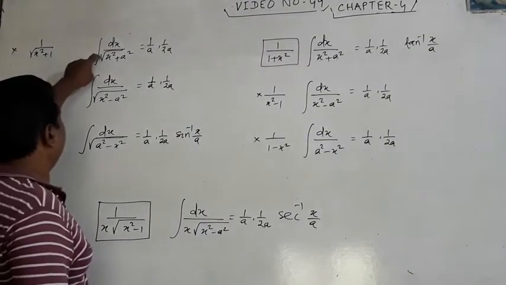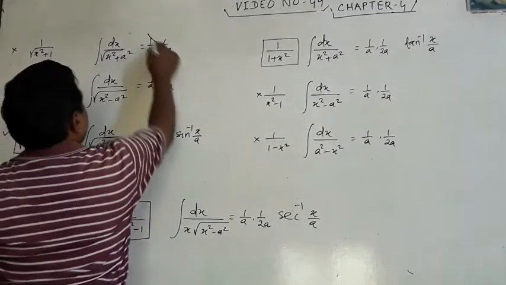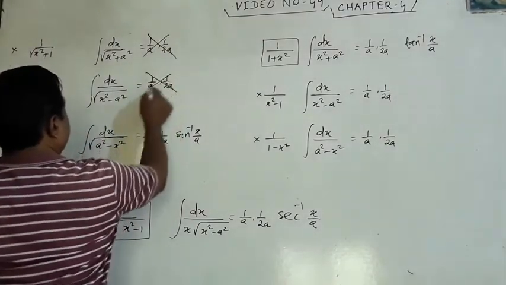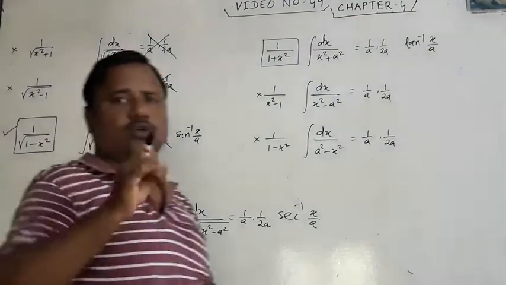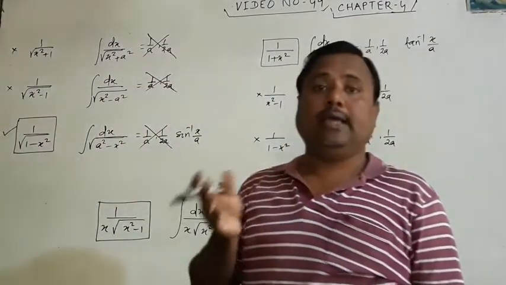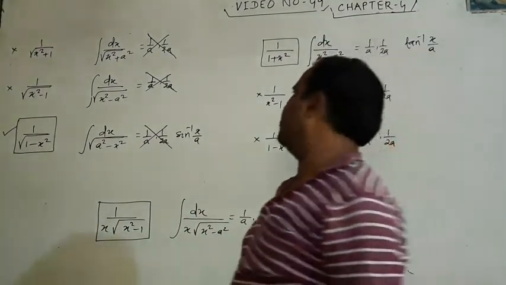Remember, if only root is there, no 1 by 2a will be there, only 1 by a, and nothing else will be there.